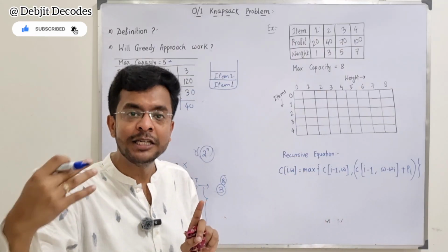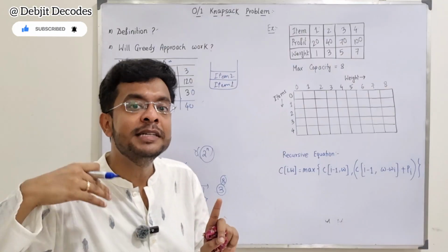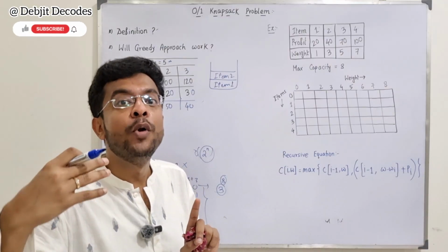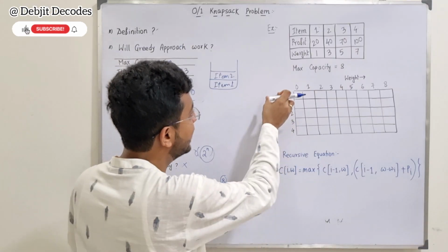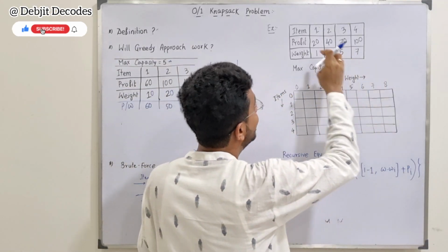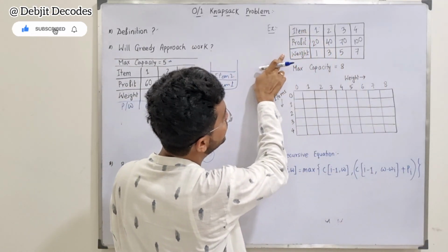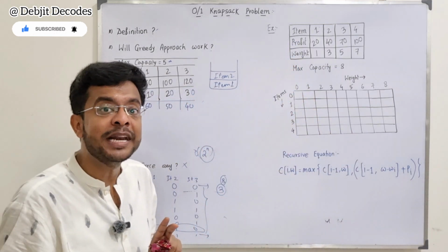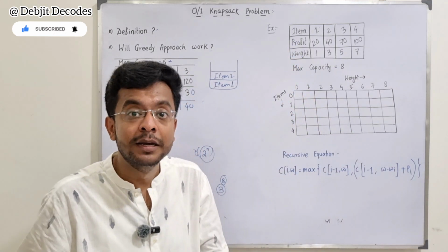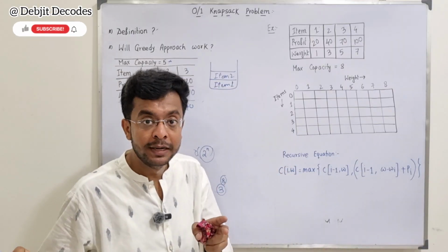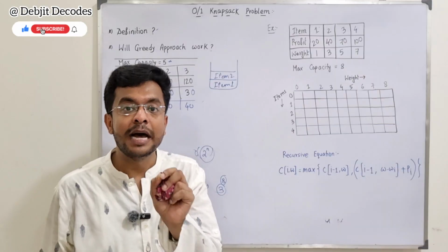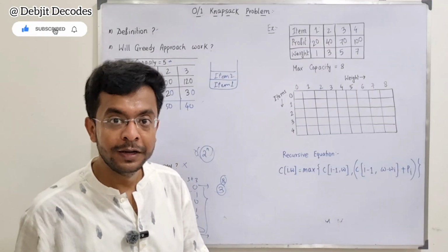A maximization problem, because we are trying to maximize something. That something is the profit. We have taken the items and the weight, so the one thing remaining is profit. And the output we are expecting is the maximum profit. That means each cell will be holding some profit value.